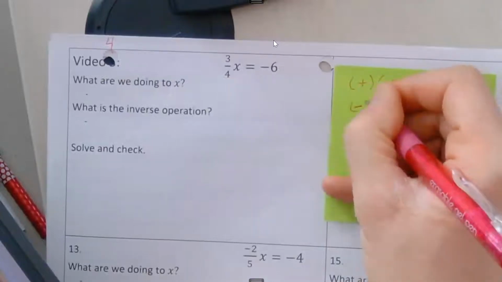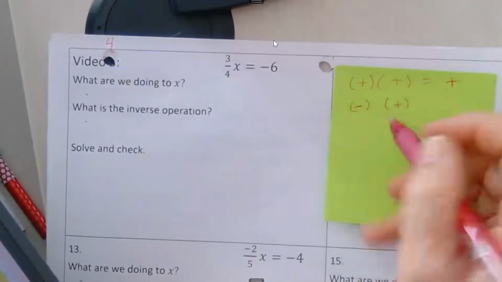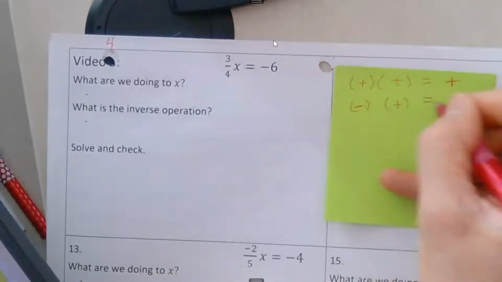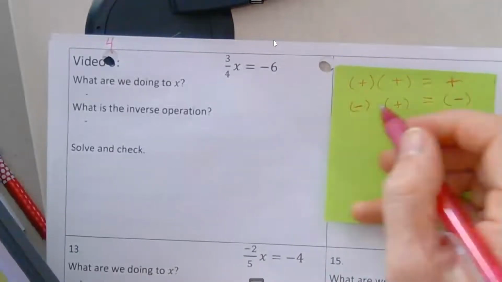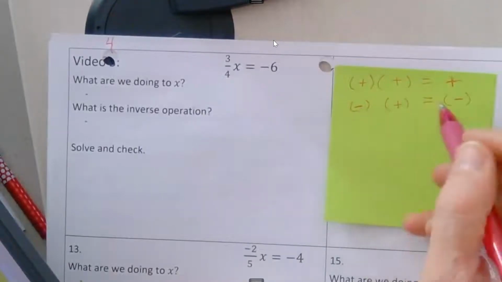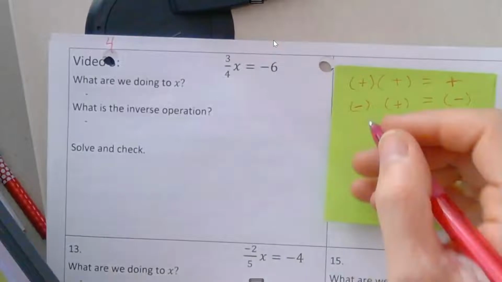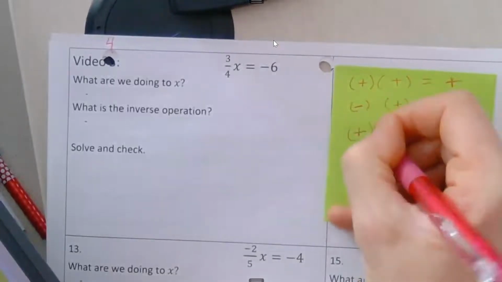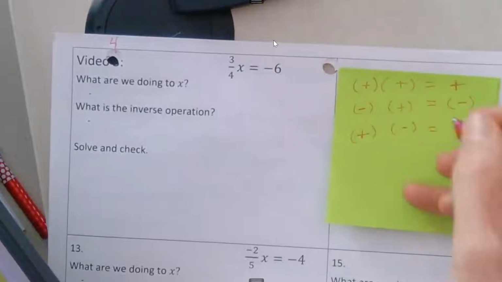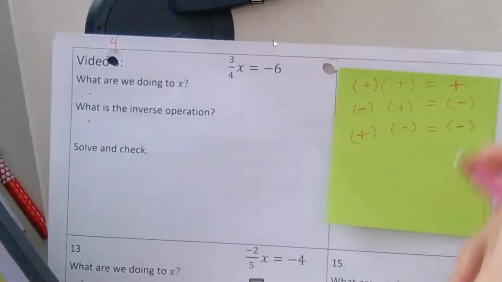But then negative times positive, like -2 times 4 would be -8. When we have one negative in our multiplication, the result is a negative answer. If we start with a positive, but then we have one negative, again, our result is negative.